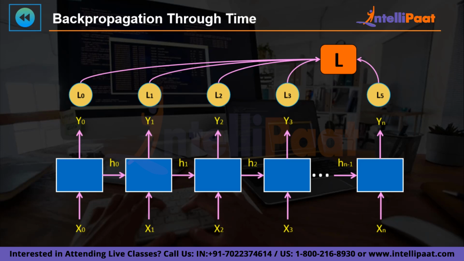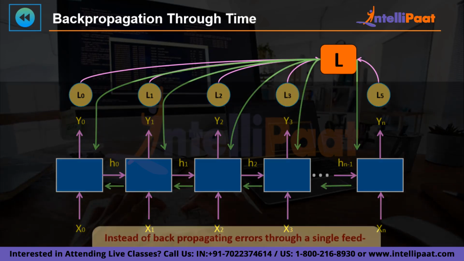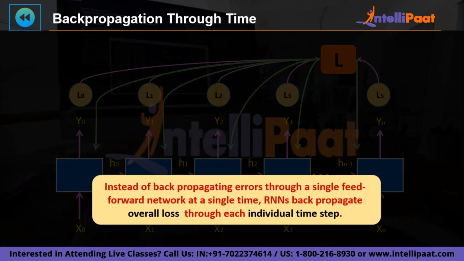In an RNN, instead of backpropagating errors through a single feed-forward network at a single time step, we backpropagate the complete error for our model across each time step, all the way from the overall loss to the beginning of the sequence. This is why it's called backpropagation through time, because as you can see, all of the errors are going to be flowing back in time from the most recent time step to the very beginning of the sequence.